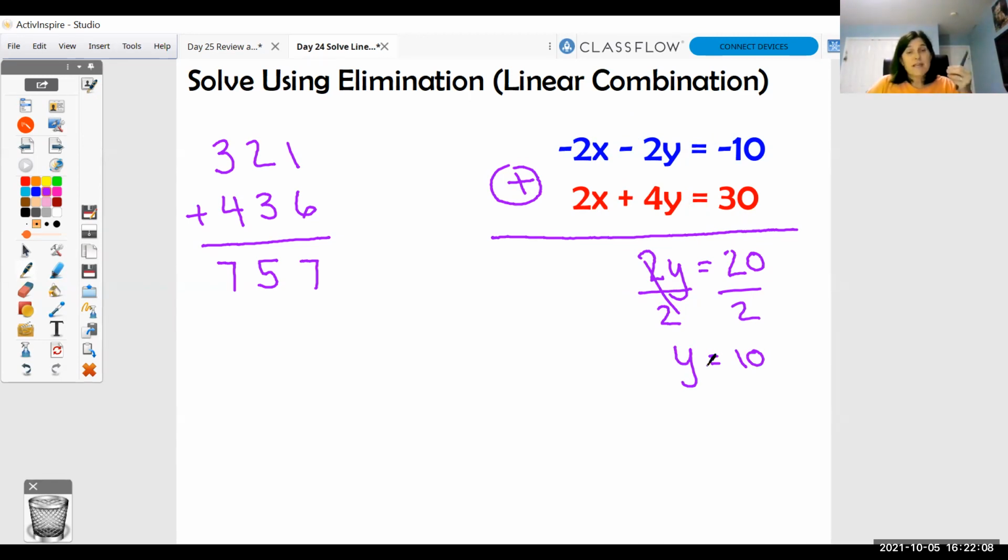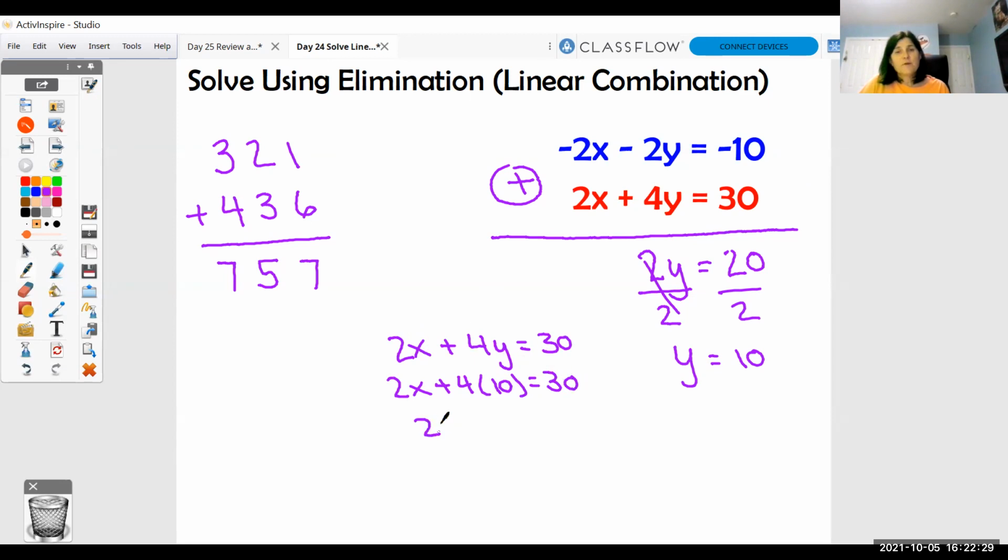So now I'm going to do the same thing I did with substitution, plug that y value back in to one of the equations to figure out the x value. So I'm going to use the red equation, 2x plus 4y equals 30. So 2x plus 4 times 10 equals 30, 2x plus 40. And I'm just solving this now because it's got one variable.